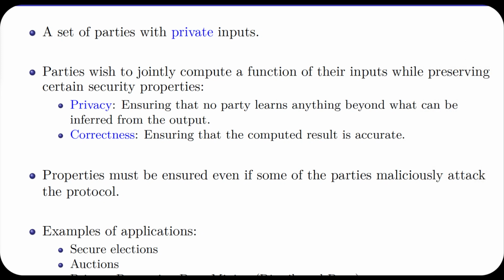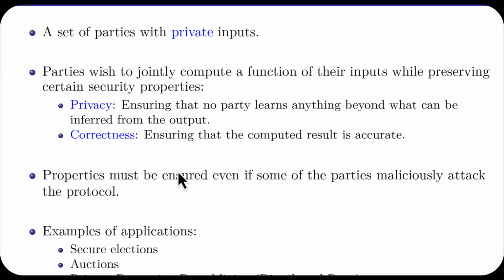We start with a simple function like AND, or a comparison, and it might be, for example, a recommendation system. That's a different story. Those properties should be ensured even if some of the parties maliciously attack the protocol, as we're going to see when we talk about the threat model later.